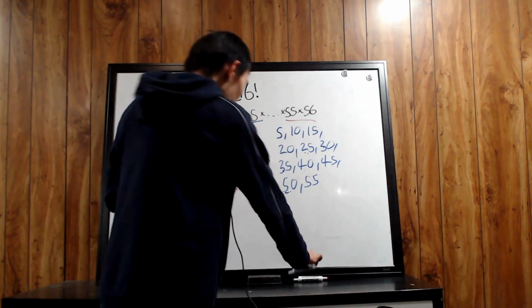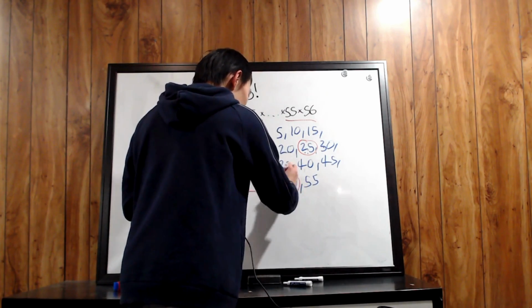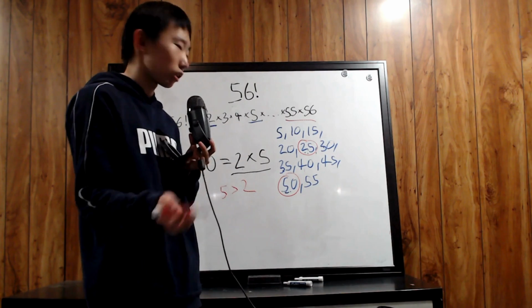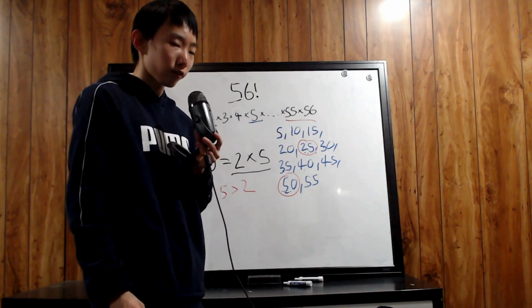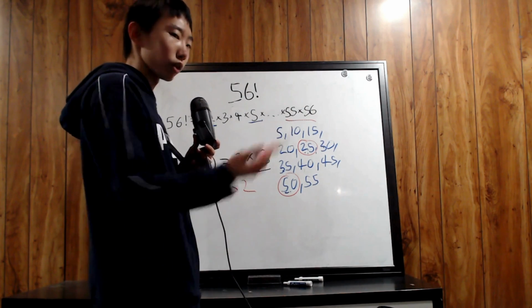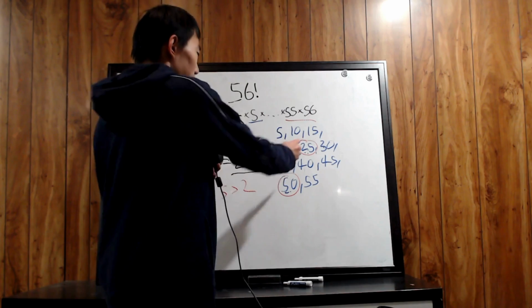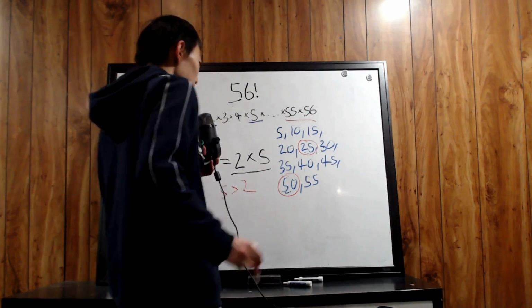So among all the numbers here, 25 and 50 have more than one factor of 5. Namely, they have 2 factors of 5. All the others have only one factor of 5, and you can check if you want to. So we're going to count them, except we're going to double count for 25 and 50, because they have 2 factors of 5.